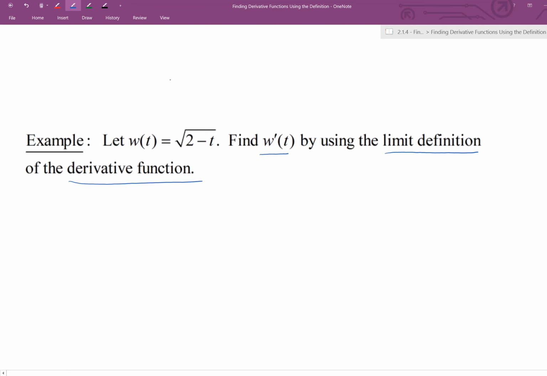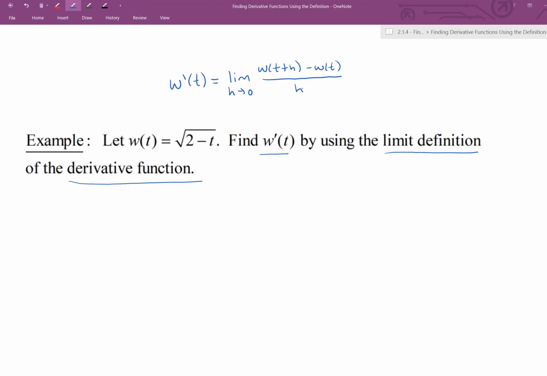So in this case, w prime of t is going to be, again, the limit as h goes to 0, still letting h be that horizontal distance between our input values t and t plus h. So what's the difference quotient we take the limit of? That's going to be w of t plus h minus w of t, all over h. That's just slightly different notation, but it means exactly the same thing. Input value is t rather than x, and our function is w rather than f.